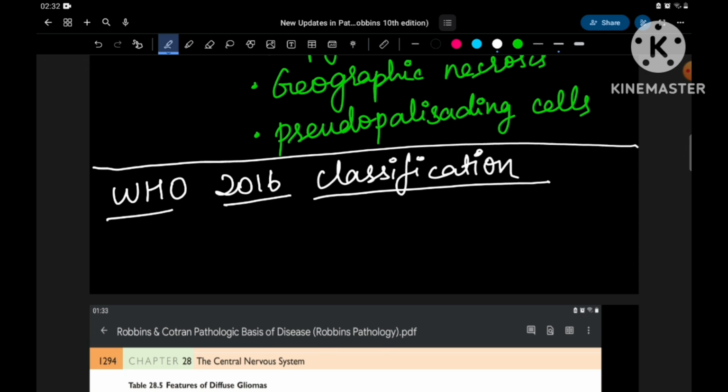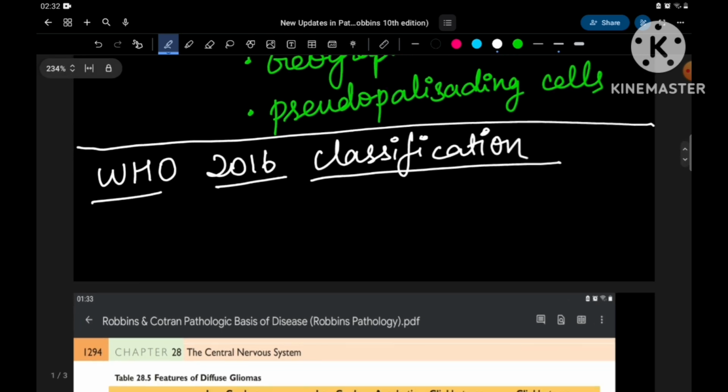See guys, they basically divided these CNS tumors into 4 grades. To avoid confusion, these are the grades. It's so short, so I can write it here itself.